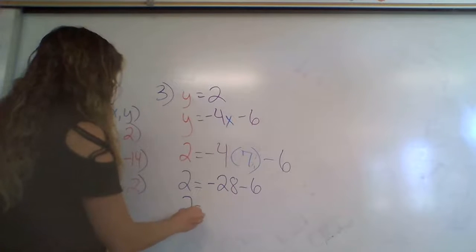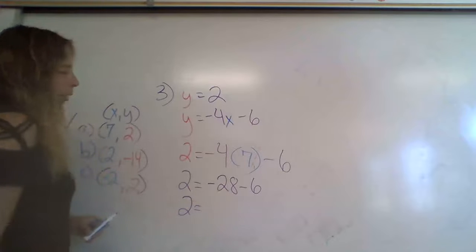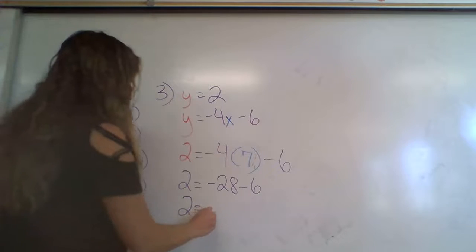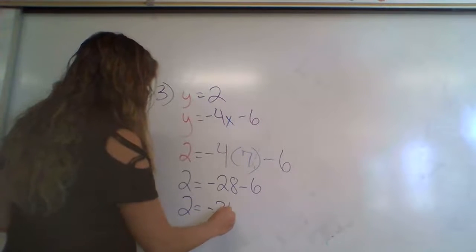So 2 equals negative 28 minus 6 more. Negative 34.